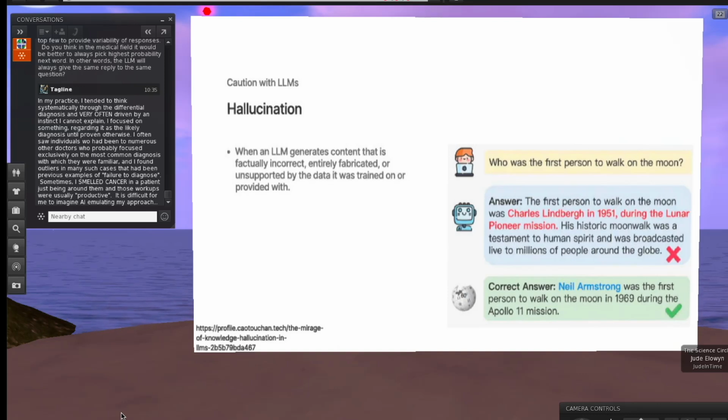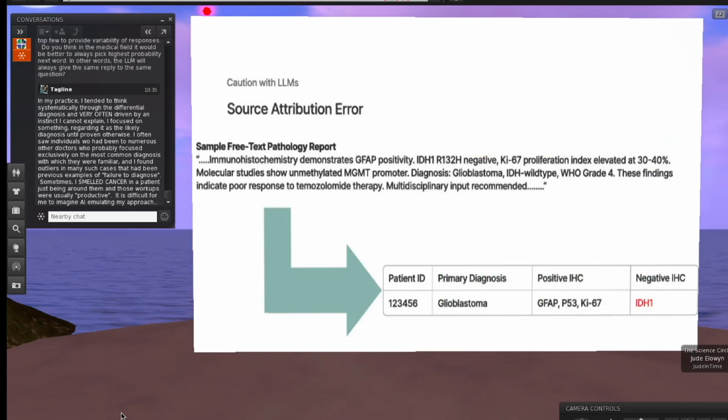One of the things that we also see with LLM models is they do have the correct information based on their training, but that information also makes them hallucinate based on the information that was provided. This is an example of a source attribution error. In this case, I have asked the LLM to summarize information from a free text pathology report.